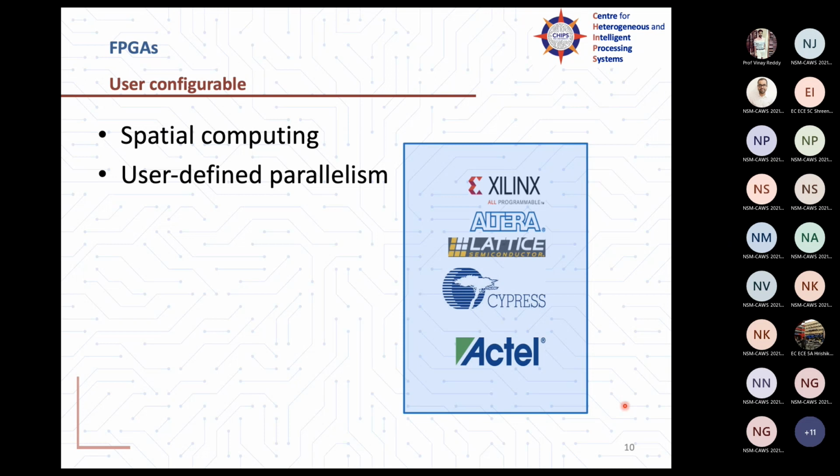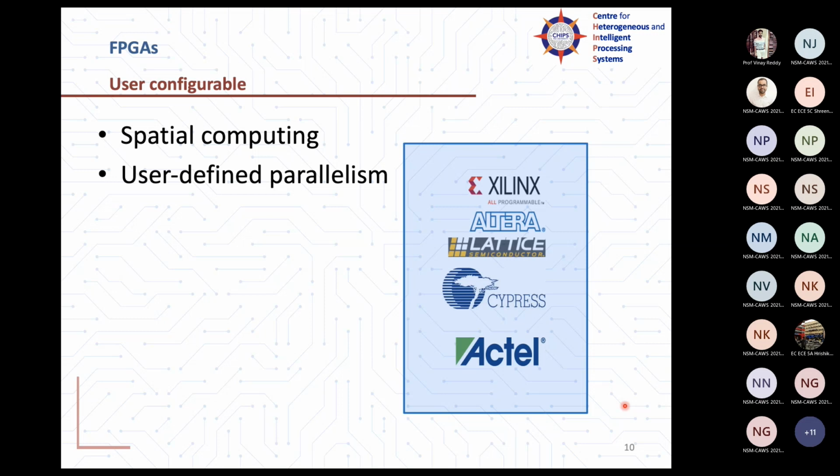In this context, since we are using transistors, according to the application given to us, we have parallelism that is only limited by the application. If my application has a bunch of operations that can be done in parallel, I can have an architecture that does all of this in parallel. I'm using the transistors to actually replicate the application.